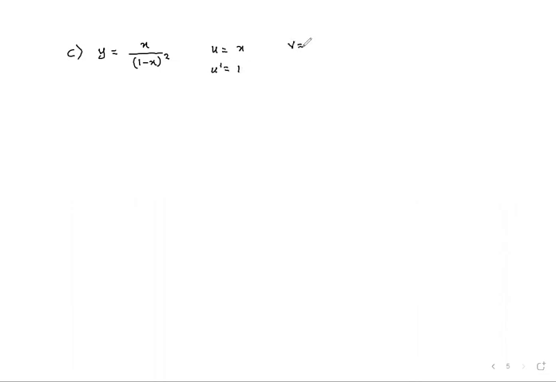We let v be 1 minus x squared, its derivative will be 2 times 1 minus x multiplied by negative 1, meaning we'll have negative 2 plus 2x. Yes, when you expand there.